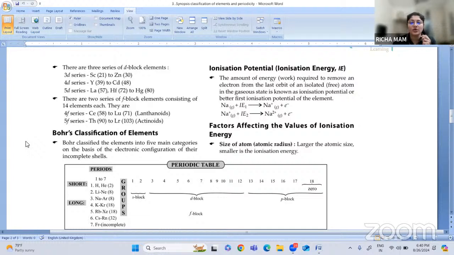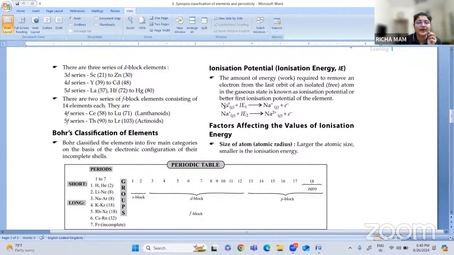Now, what are the different factors which are affecting the ionization energy? The first one is the size of the atom. If the size of the atom is larger, then a smaller amount of ionization energy is required.